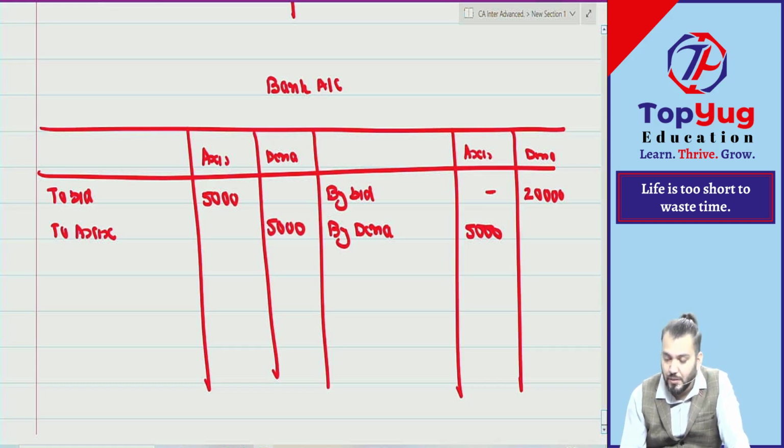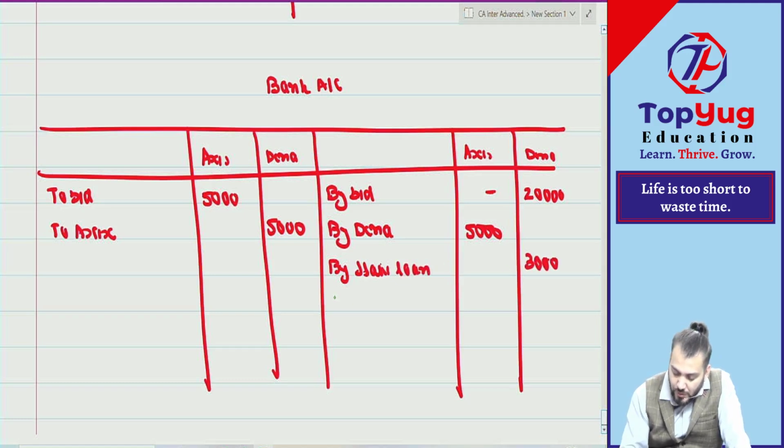Understood? Then two loans will be paid separately. So by Hari's loan, 3,000, and by Gopi's loan, 7,000.